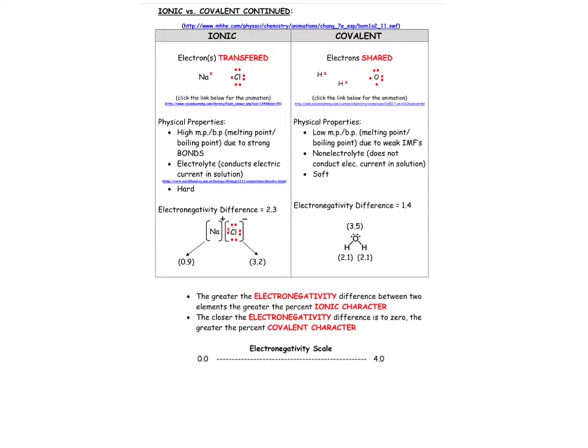Because of the movement of electrons and their attractions, again, all in order to obtain stable noble gas electron configuration, different types of compounds have different physical properties. Ionic bonds have very high melting points and boiling points, and they conduct electricity either in aqueous or in the molten state.